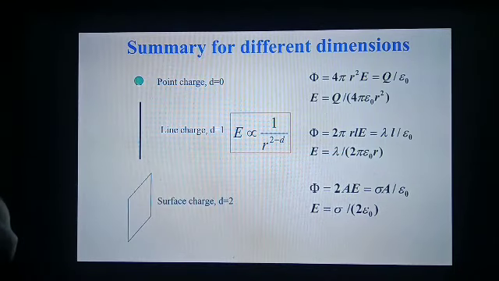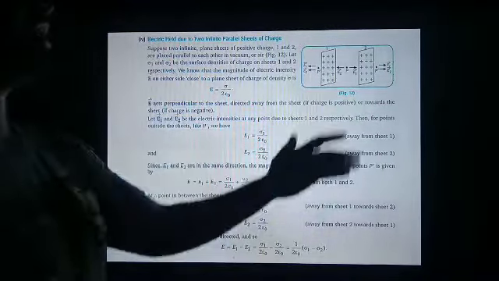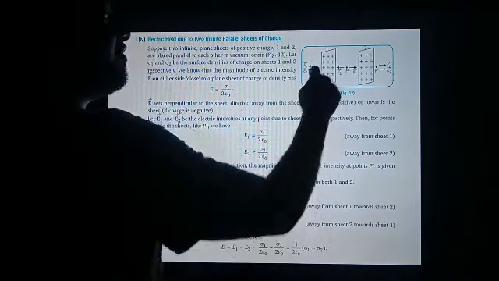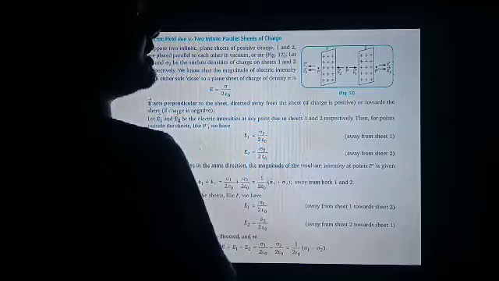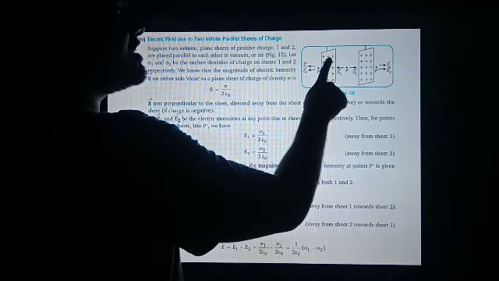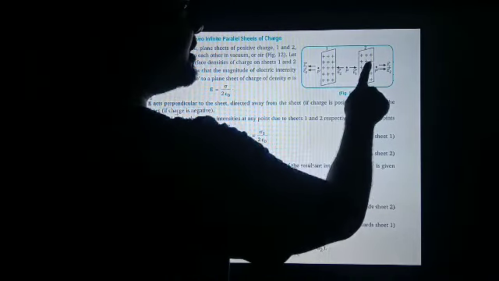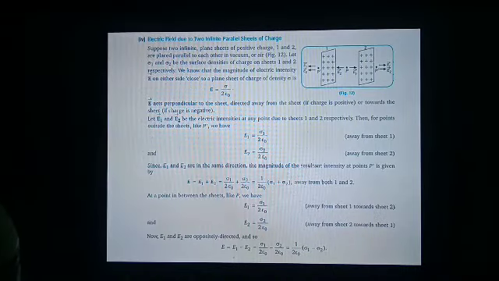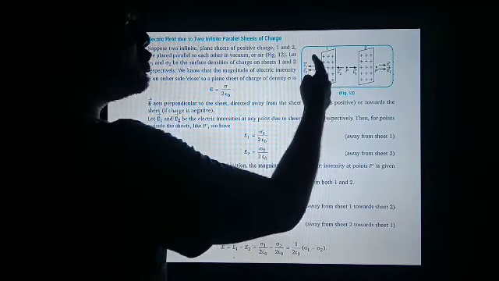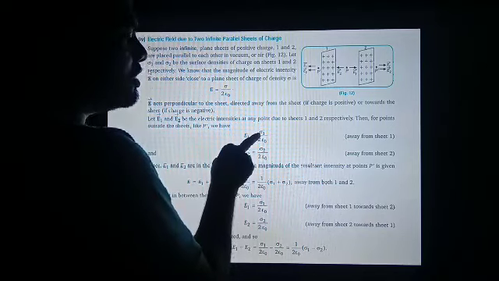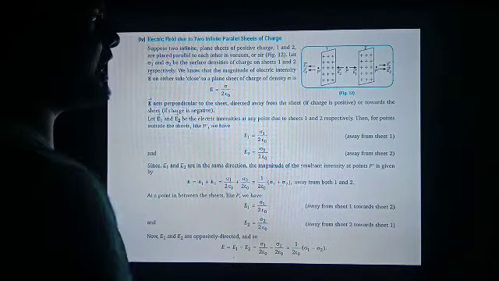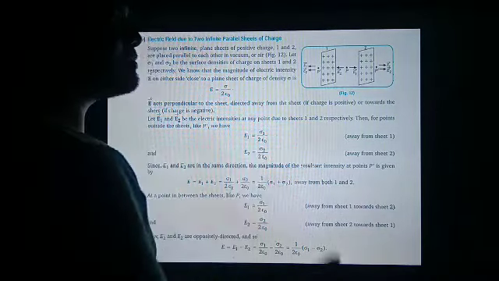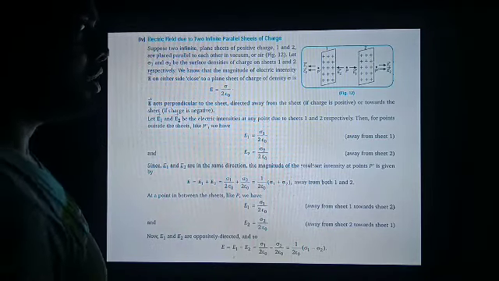Now see the electric field due to two plane sheets having different charge densities. Let the first sheet contain the charge density sigma 1 and this one contain the charge density sigma 2. Now the electric field due to this will be equal to sigma 1 upon 2 epsilon naught, and due to this it will be sigma 2 upon 2 epsilon naught.